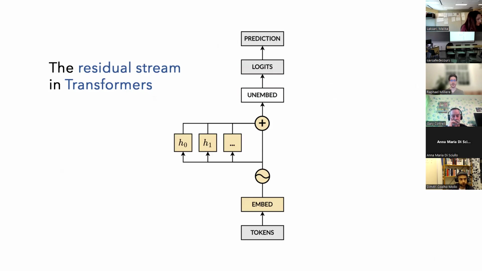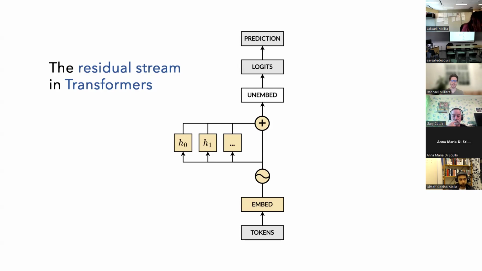If you do this, so here you have a toy model of a transformer that takes as input tokens. These are linguistic units, can be whole words, can be subwords, and then embeds them into vectors. I'll gloss over some details like positional encodings.